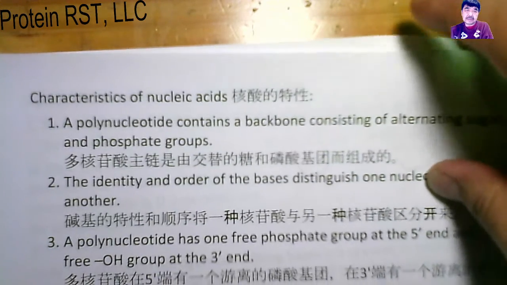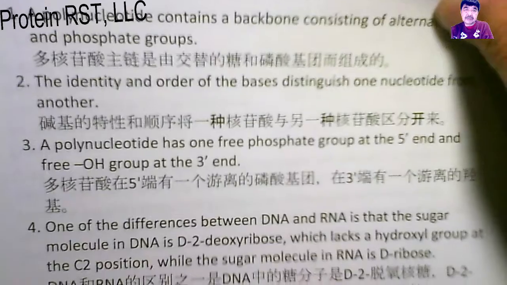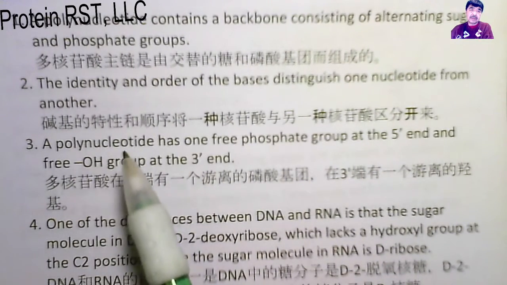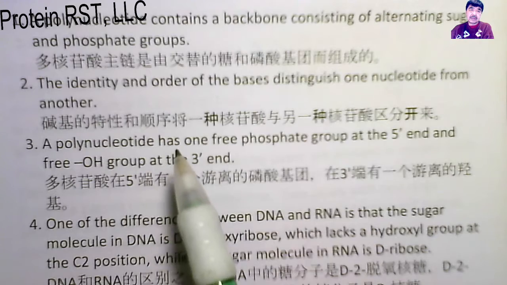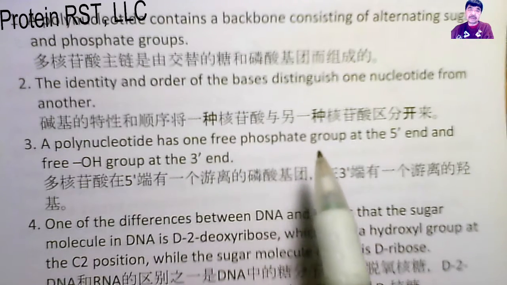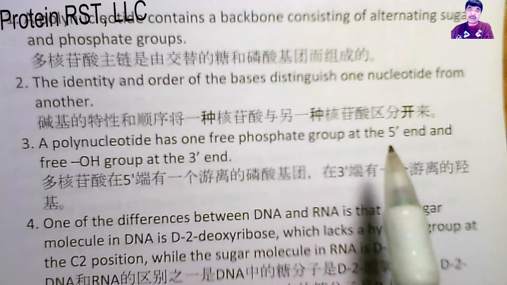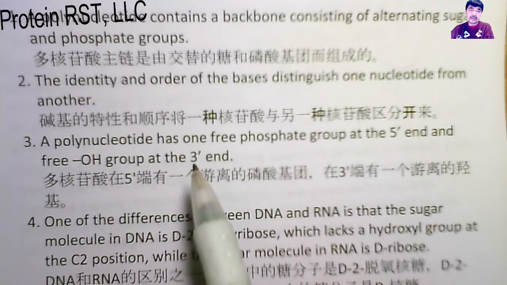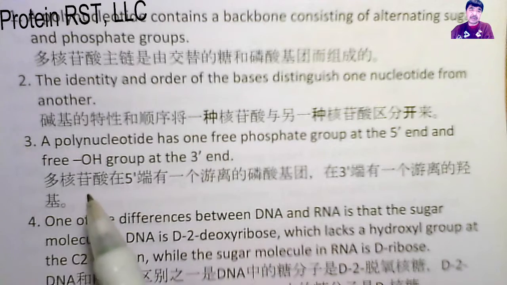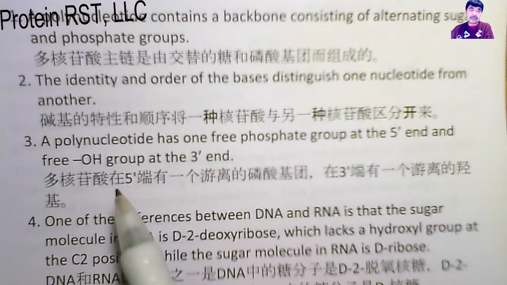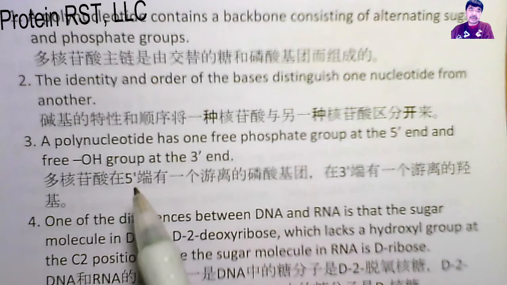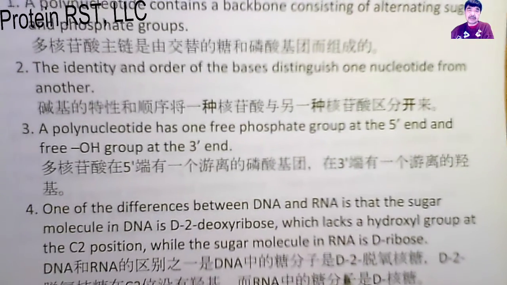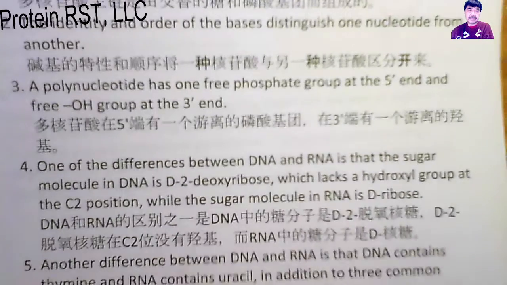A polynucleotide has one free phosphate group at the 5' end and a free hydroxy group at the 3' end.